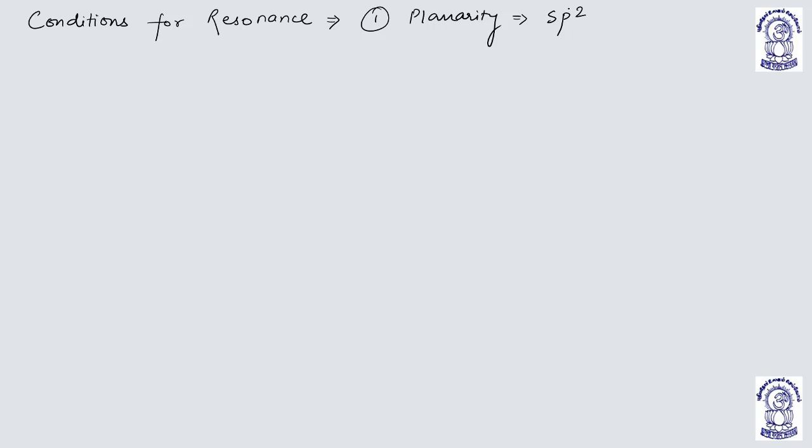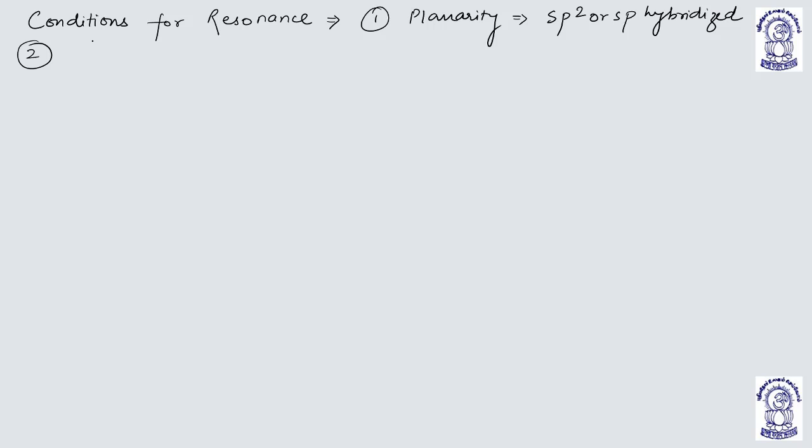The carbon should be sp2 hybridized or sp hybridized, but it should not be sp3 hybridized. The concept of planarity says that the atoms considered in the molecule exhibiting resonance can be sp2 hybridized or sp, but cannot be sp3 hybridized.